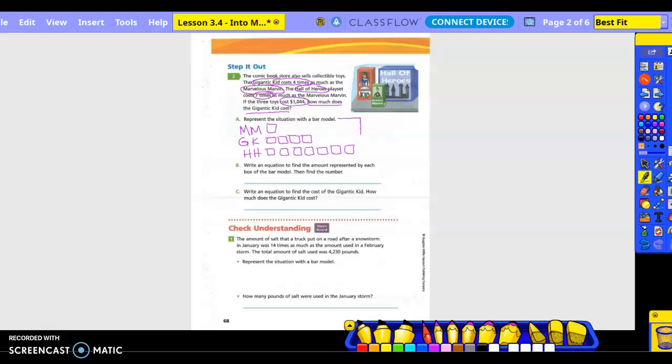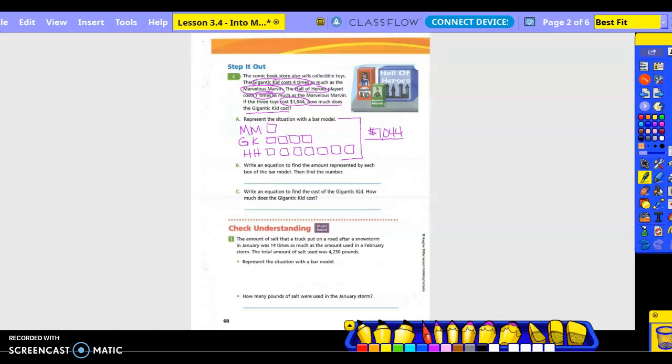Okay, and then we'll put a bracket that encompasses all of those boxes, and the total price is what? $1,044.